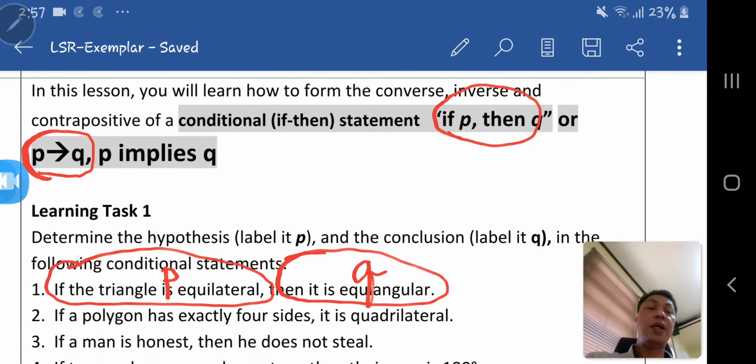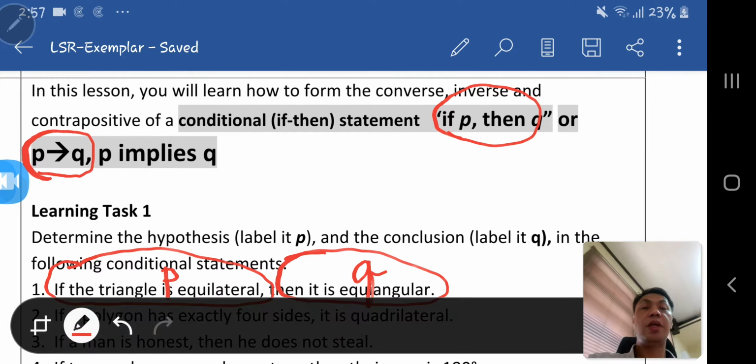Take note that in a conditional statement, or in an if-then statement, sometimes the word then is not appearing. So I want you to do in your mind, determine which is the hypothesis, which is the conclusion of the following examples.